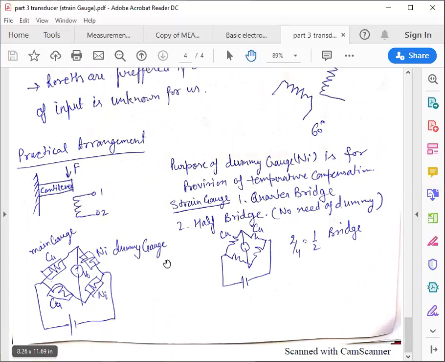For this, half bridge and full bridge are used. This is full bridge type and this is half bridge type. In half bridge type, there is no need of dummy gauge. Dummy gauge is applied here, made of nickel, which is used to compensate the effect of temperature on the strain gauge. So these are various practical arrangements of strain gauge.